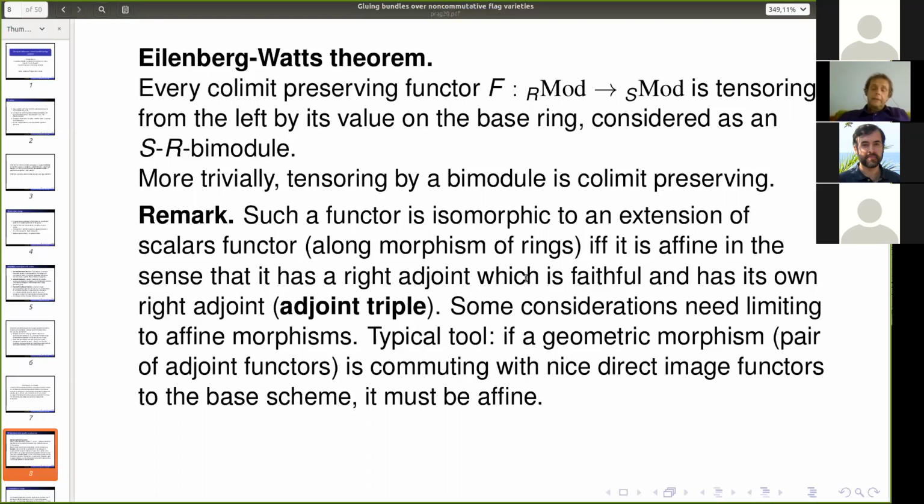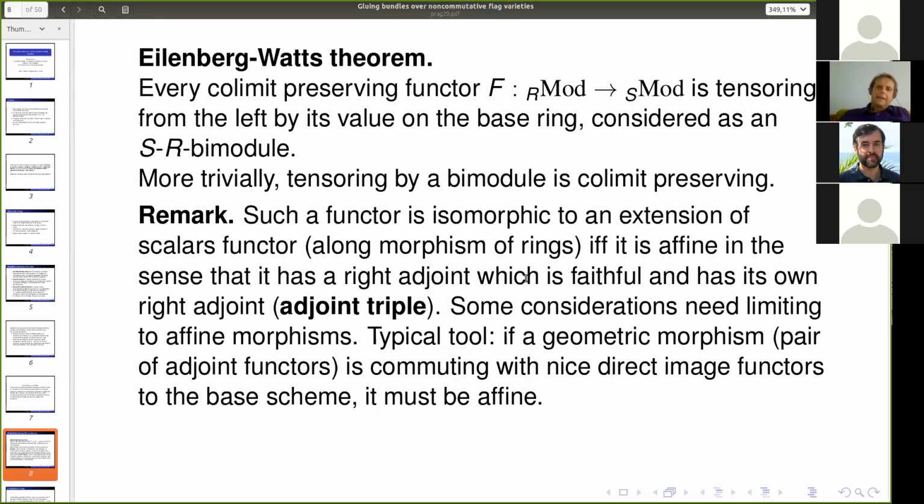And in general, if you are tensoring with an S-R bimodule, you have a colimit preserving functor. But among those which come from extension of scalars, among all colimit preserving, I said something wrong. All colimit preserving functors are tensoring with bimodules, and some of them are extension of scalars.